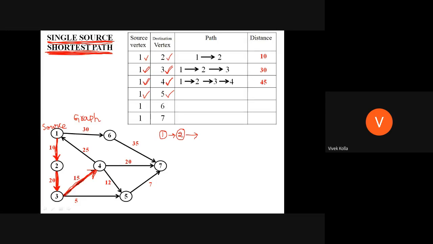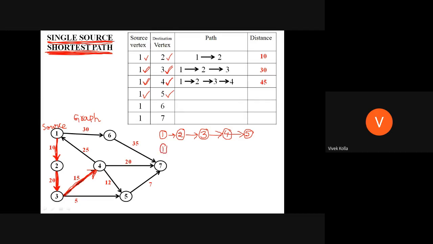Again from 2 I can travel to 3, from 3 to 4, and from 4 I can travel to 5. This is one path. So from source vertex 1 to destination vertex 5 there is multi-path: 1 to 2, 2 to 3, 3 to 4, 4 to 5. This is one path. What is the other path?